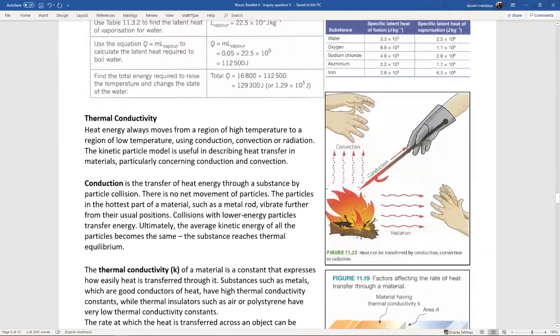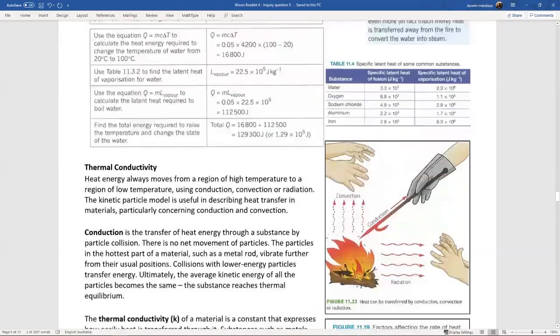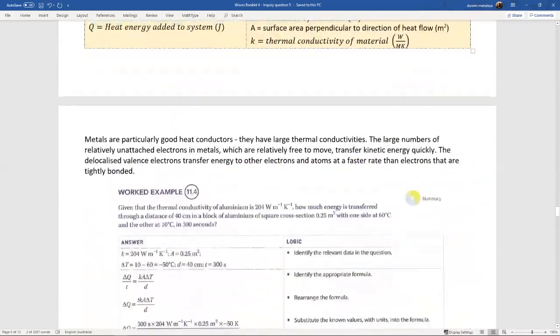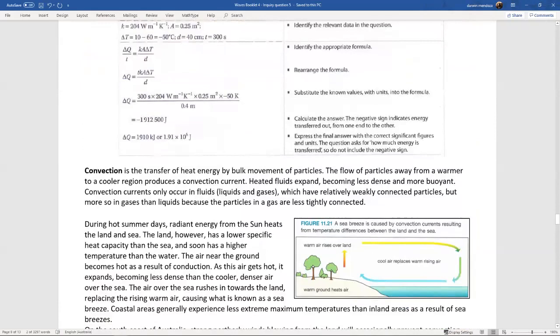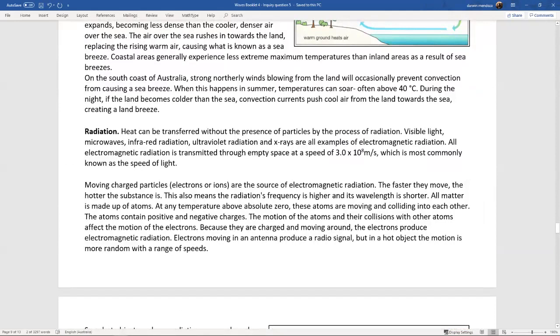Okay, so that leaves us to our last component here, which is the modes of transferring heat energy, or heat, right? So you've got three modes. You've got conduction, you've got convection, and you've got radiation.